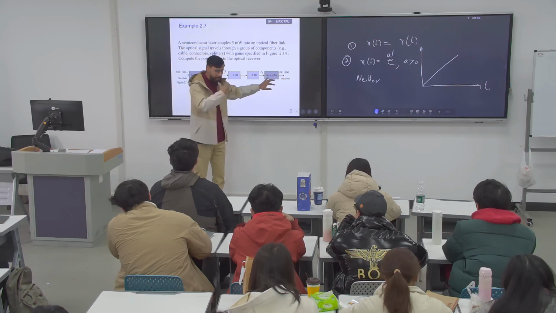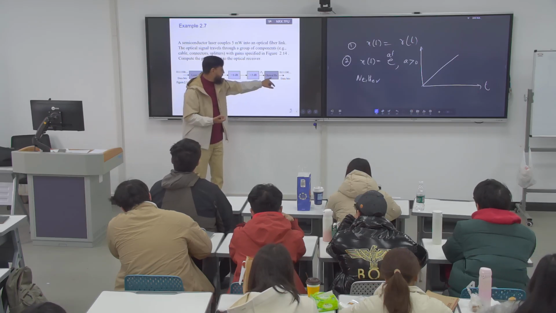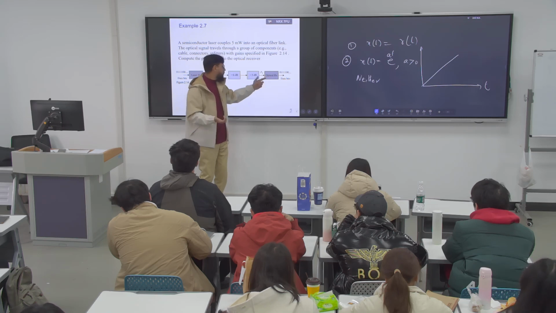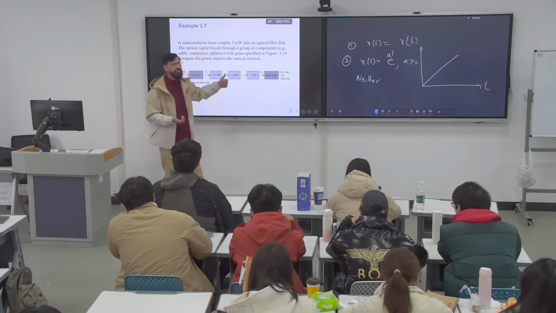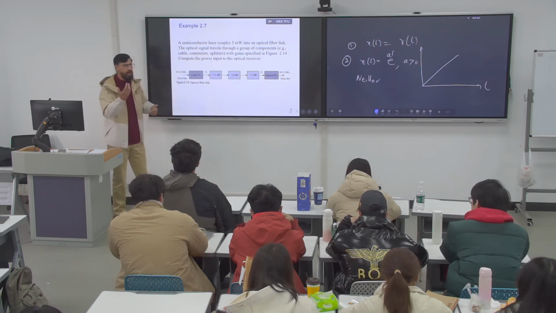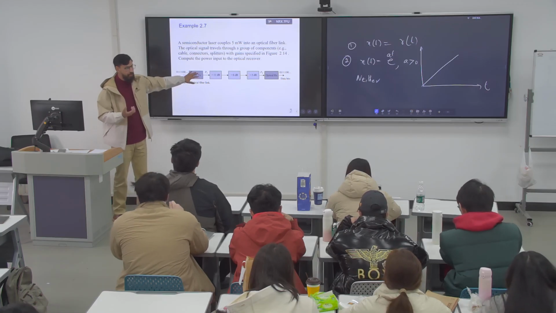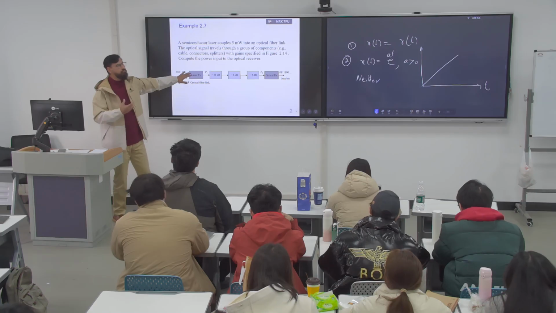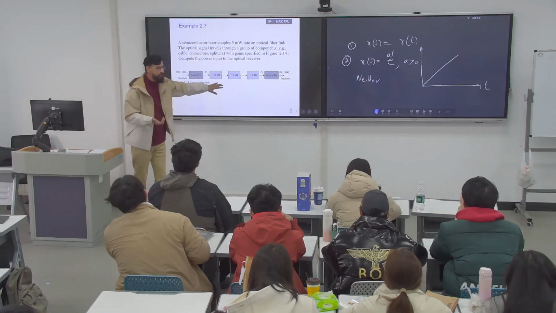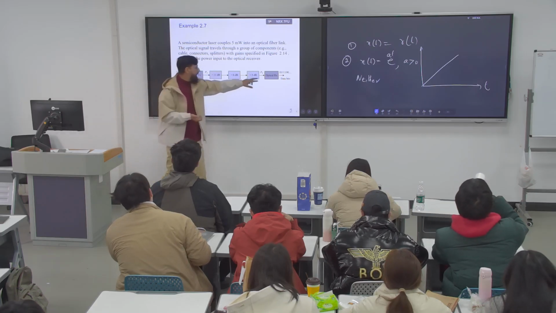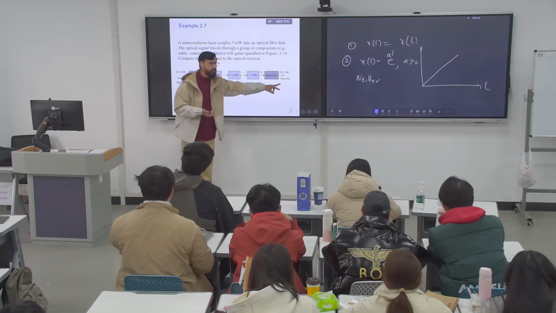P2, which is at the receiver side, the optical receiver, RX. So I want to calculate how much power I would have at the receiver side.